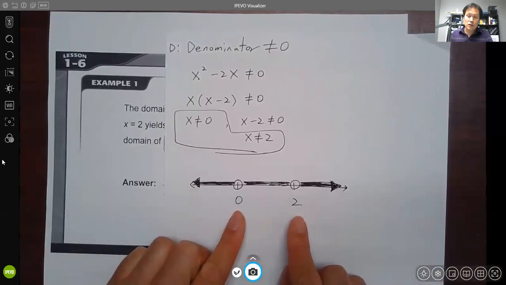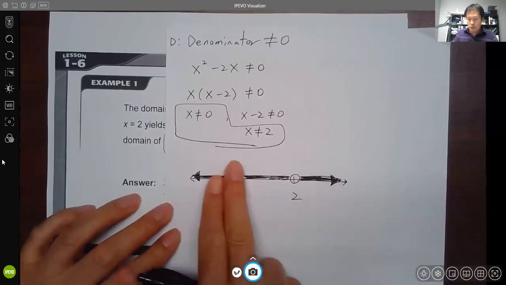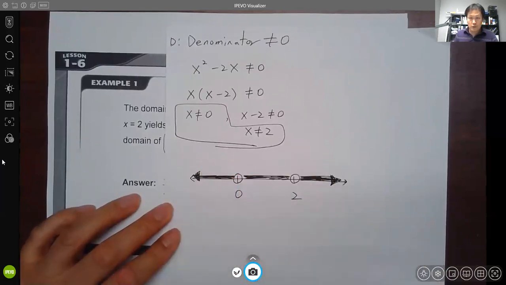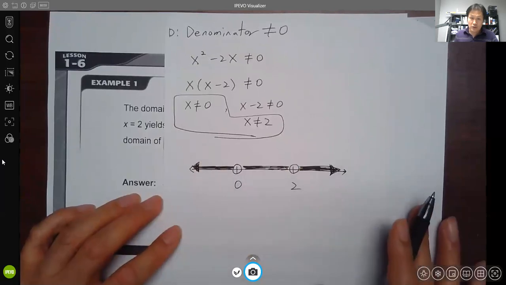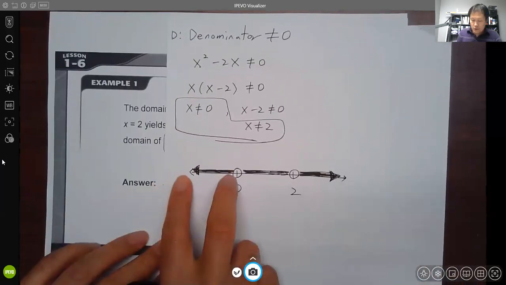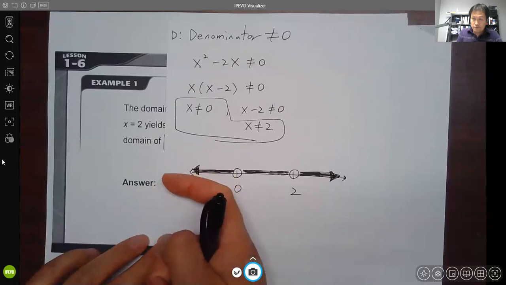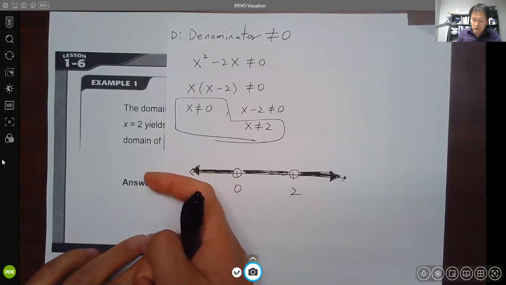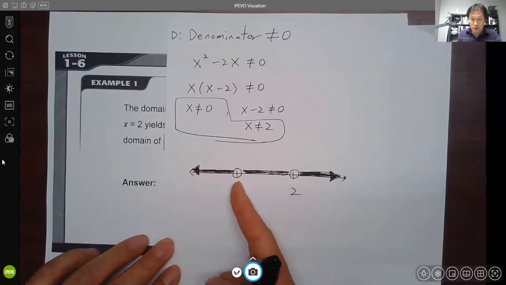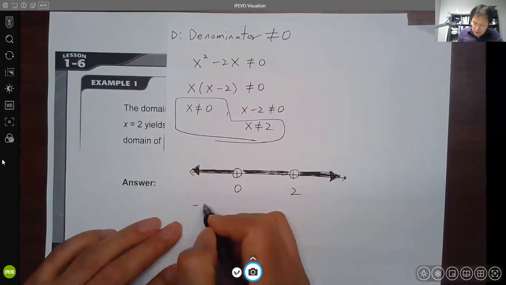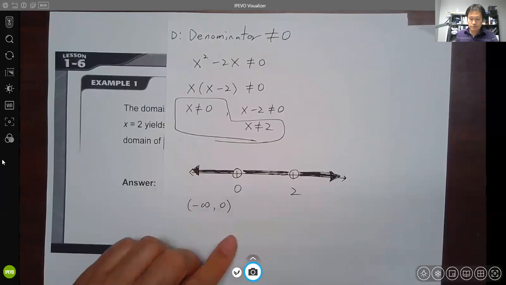How do we express that using interval notation? We have three different intervals to express as an answer. First interval, what's the most left you can go? Minus infinity. What's the most right you can go? 0. So minus infinity, comma 0, parenthesis, parenthesis.